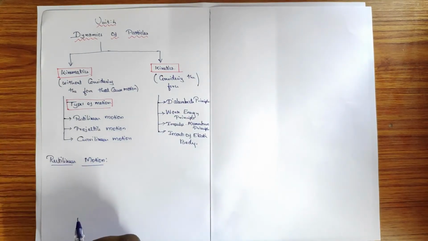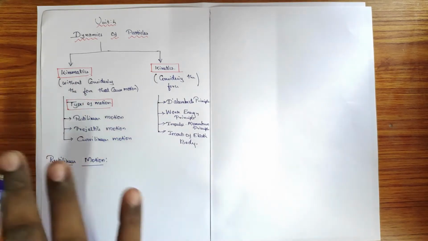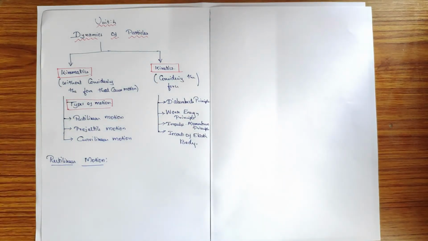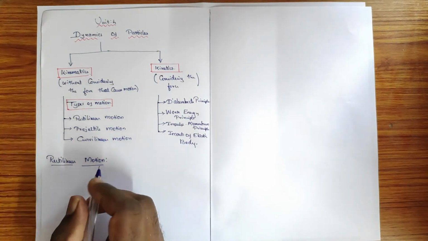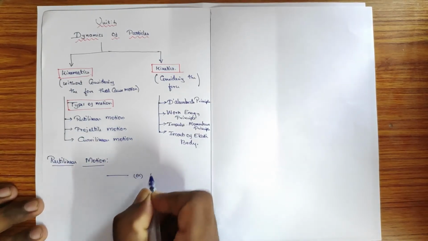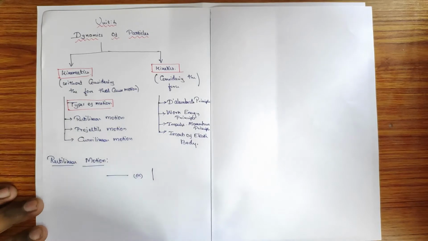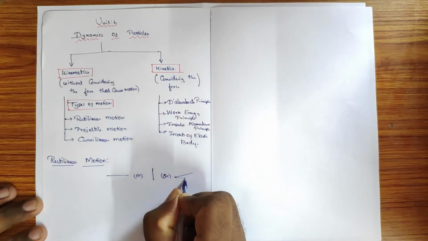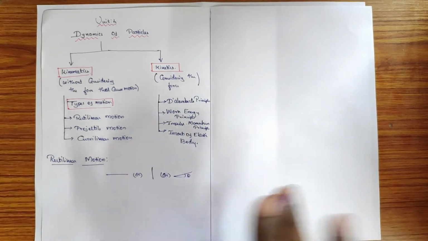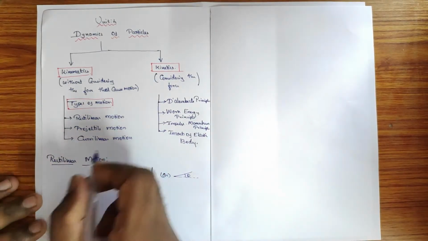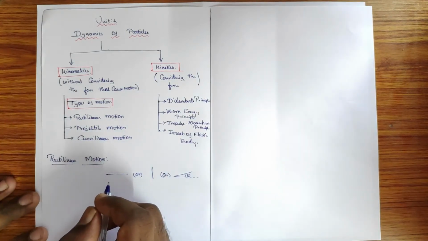When a particle moves along a straight line, the motion is called rectilinear. Straight line in the sense it can be horizontal, vertical, or inclined, but it will be a straight line path. Such things come under rectilinear motion.